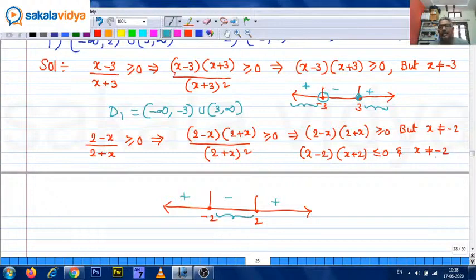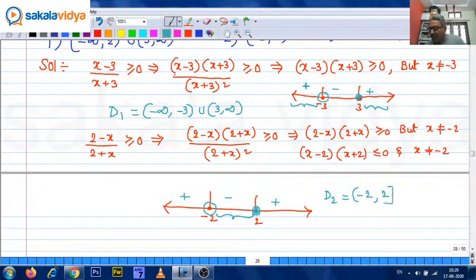And next, x does not equal to minus 2, just only. Now 2 is included, 2 is included means you shade it now like this. Here d2 is equal to, we can write minus 2 open comma 2, this one.